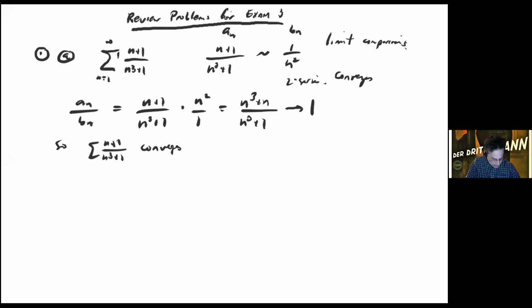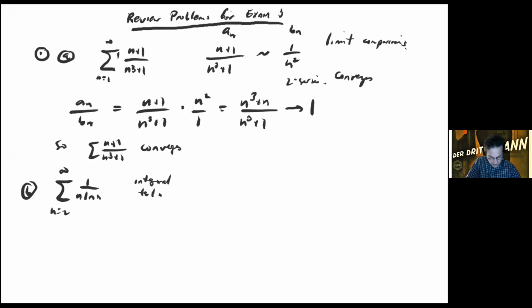Okay, so now 1b is the series summation 1 over n ln of n. n should go from 2 to infinity because ln of 1 is 0. I'm going to use the integral test here to study this.